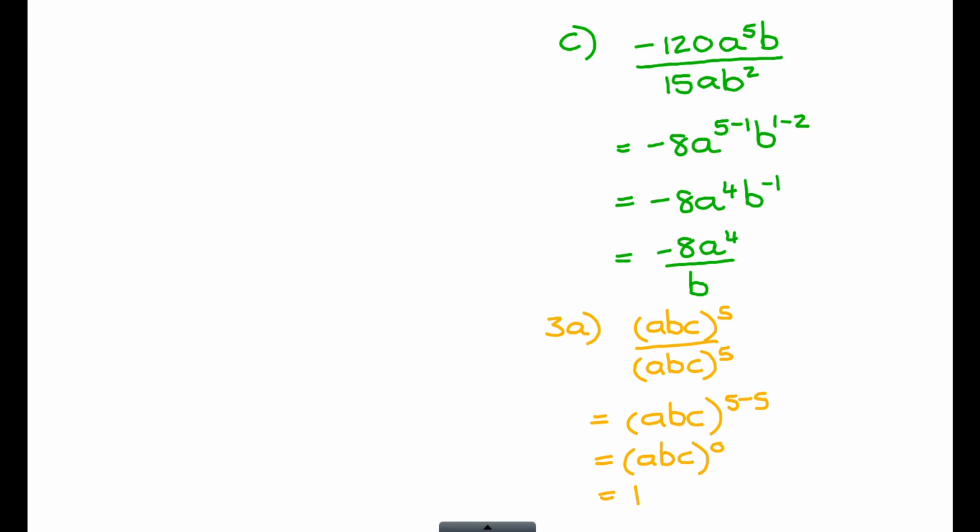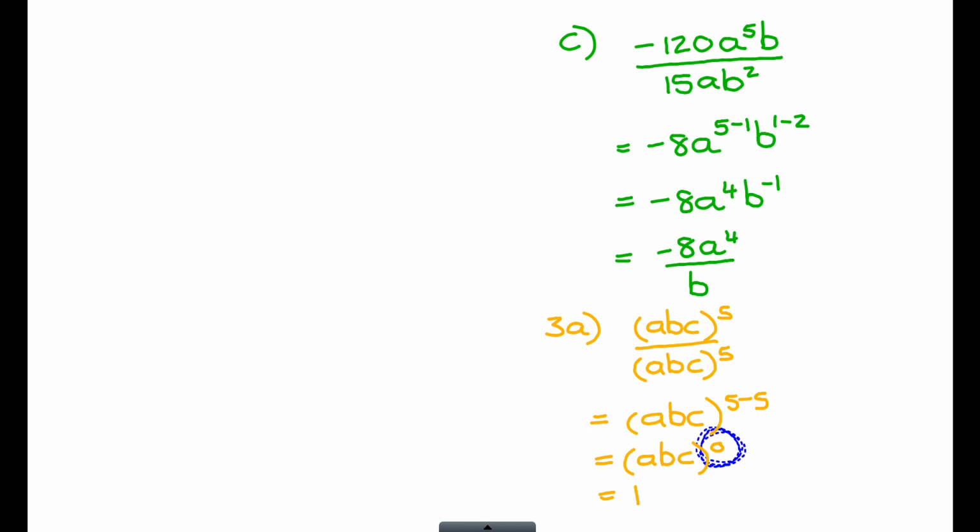Okay, then at 3A, that power of 5 applies to everything inside the bracket. So you'll see at the top and the bottom, my base is the same because both of them have ABC as a base. So I keep my base ABC and then I say top exponent minus bottom exponent. And 5 minus 5 gives me 0. People, you have to write that 0.